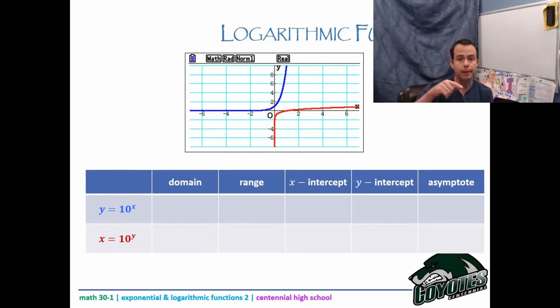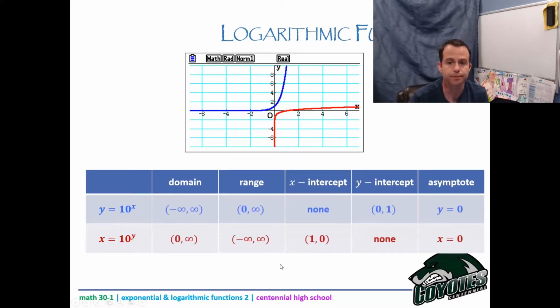Remember, that was from the range of y equals 10 to the x. The range becomes a member of the reals. The x-intercept becomes (1, 0). The y-intercept, there isn't one because there's a vertical asymptote at x equals 0. Okay, so just double check that you've got all that filled in right, and then we'll keep going there.